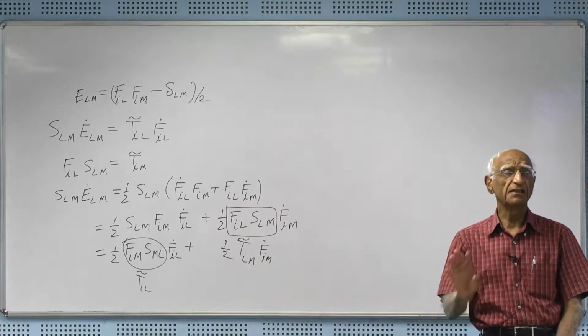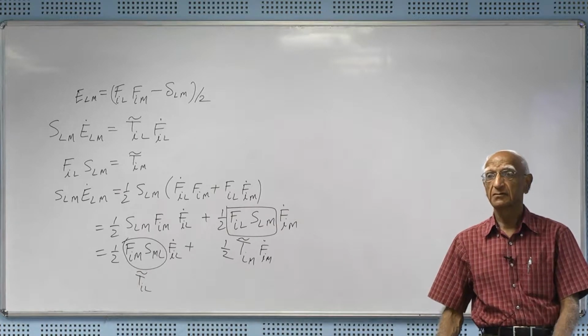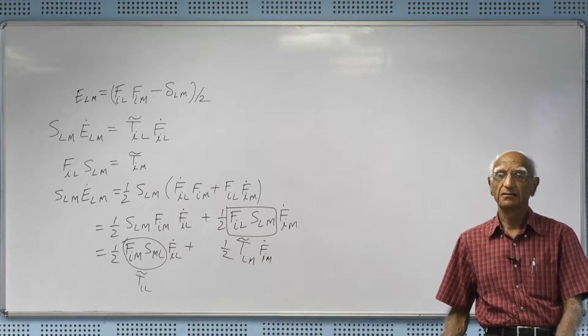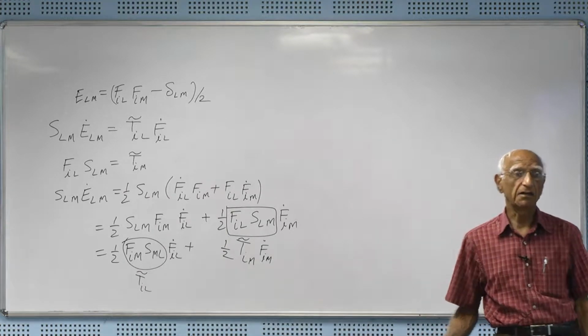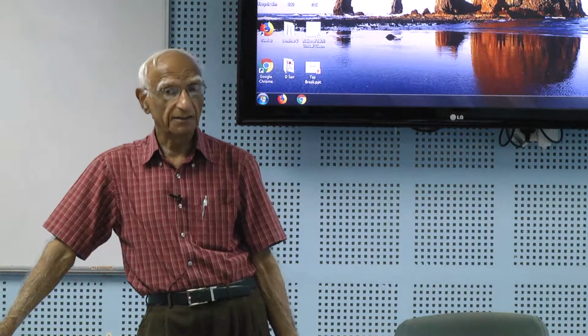You need this if you are writing a finite element code. That S dotted with E dot equals T dotted with F dot.